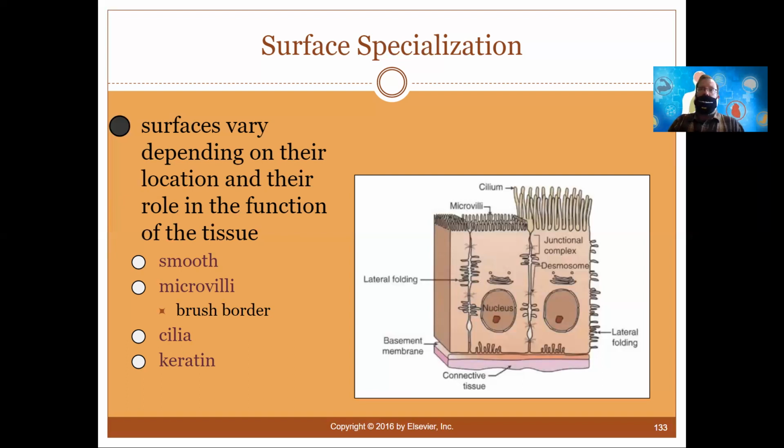Your reproductive and urinary tracts, those are smooth muscle. Remember, if it's a tube in the body, it's smooth muscle at the deep part. It's lined with epithelium. Then we have connective after that, and then finally the smooth muscle. So respiratory tract, digestive tract, urinary tract, reproductive tract, your cardiovascular system. Those are all tubes, and they're all smooth muscle.